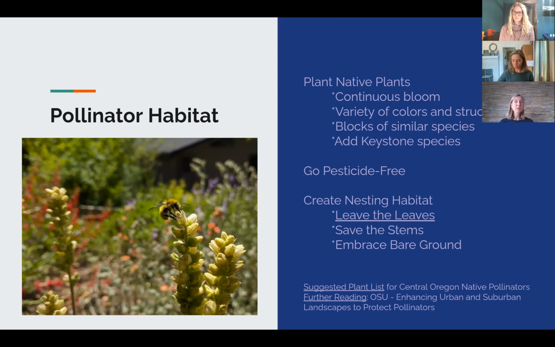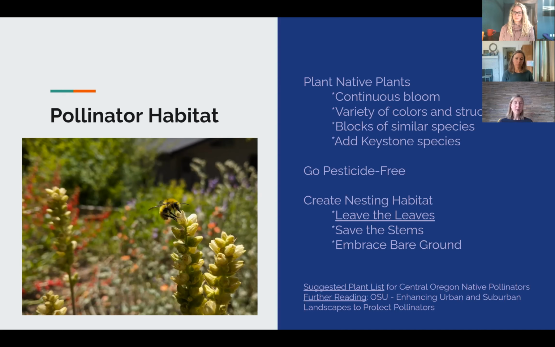And when we plant native plants for pollinators, we want to consider planting things that are blooming throughout our entire growing season. So if you have plants that bloom early, April, May, here in Central Oregon, and then again, a different flower that blooms in the middle of the season, and finally later in the season, growing into fall, this is ideal because we have different pollinators emerging at different times.